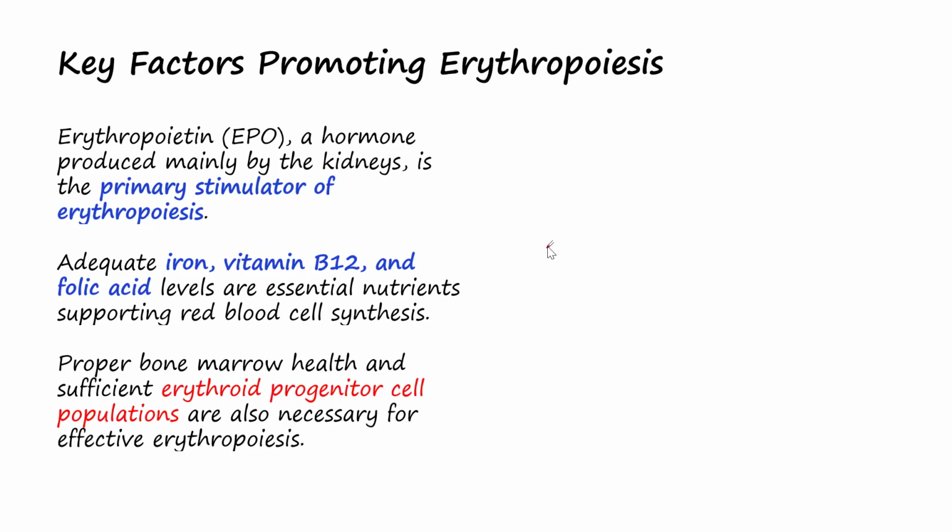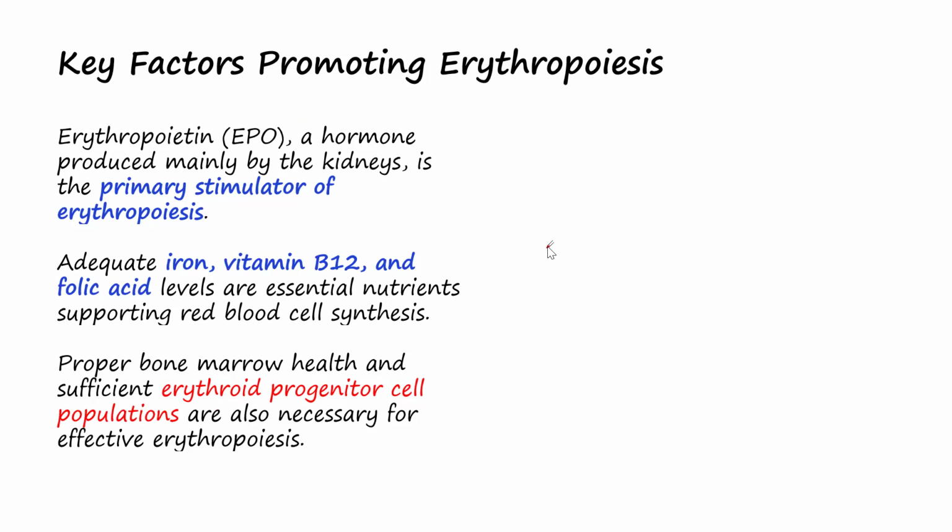Proper bone marrow health and sufficient erythroid progenitor cell populations are also necessary for effective erythropoiesis. So you see, erythropoietin, iron, vitamin B12, and folic acid are very important stimulators of erythropoiesis, and also proper bone marrow health.